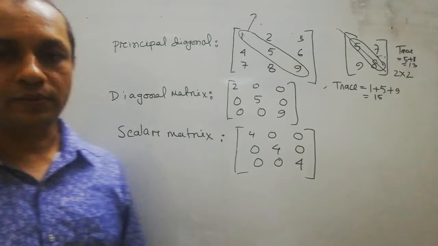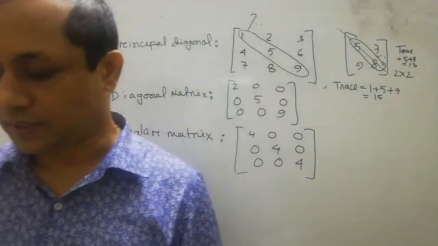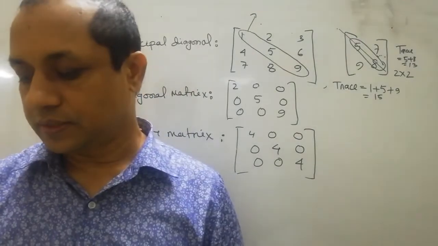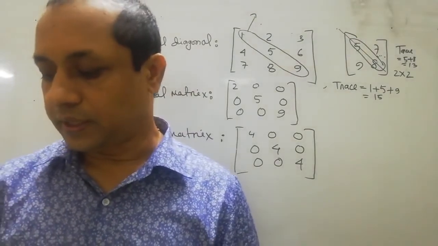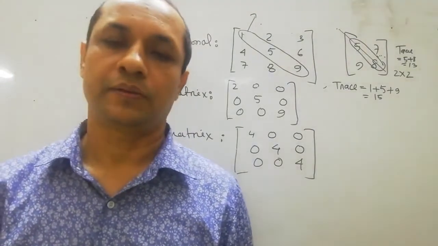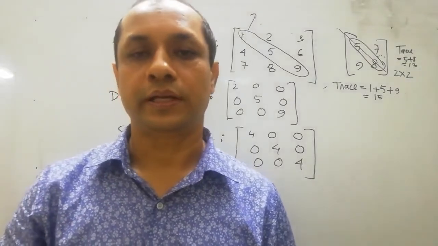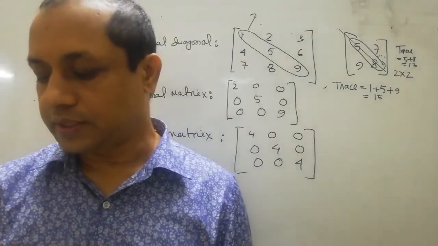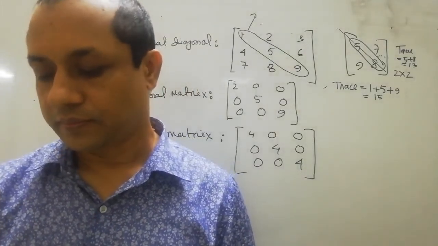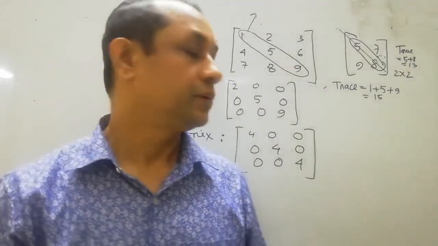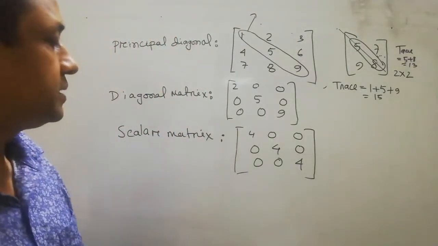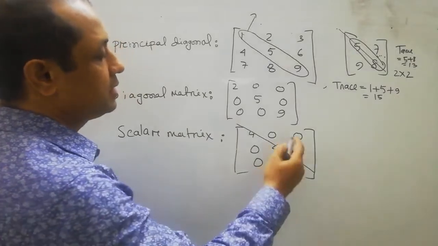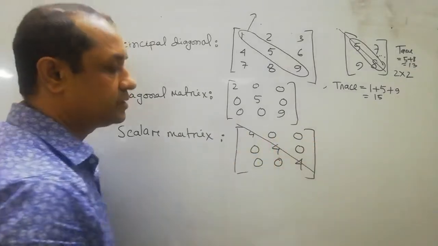Then scalar matrix. A scalar matrix is a diagonal matrix where all the diagonal entries are equal. So here in the scalar matrix, the principal diagonal entries are equal, other entries are 0.